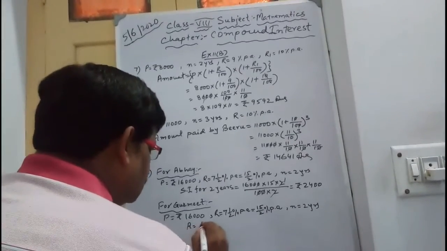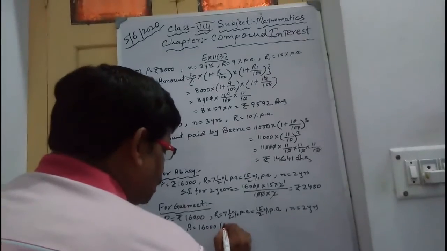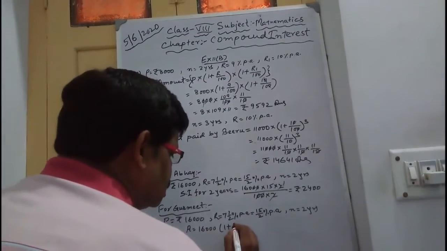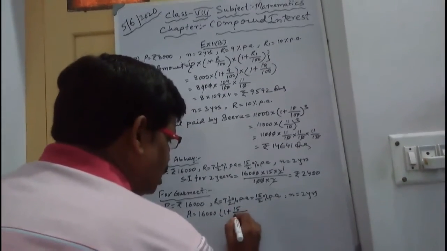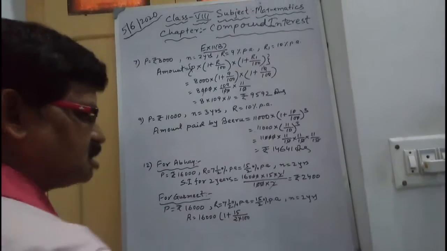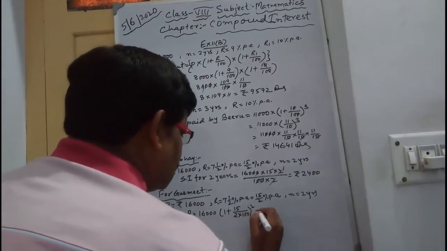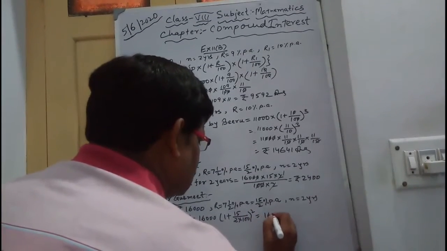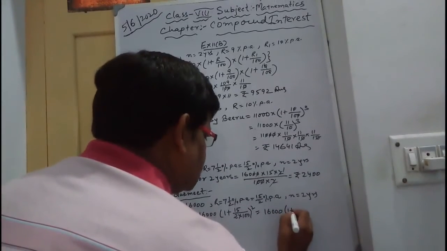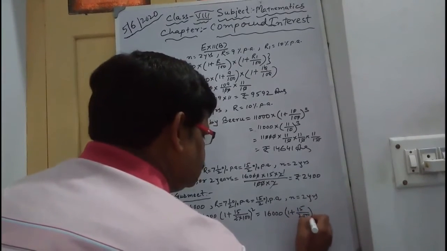So amount equal to P, that is 16,000, 1 plus 15/2, that is R, over 100. As 2 and 100 are both in the denominator, multiply them, power 2, equal to 16,000, 1 plus 15/200 power 2.